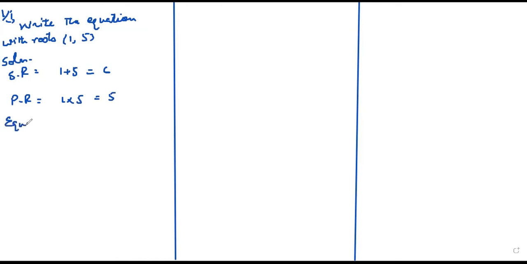Equation will be x square minus sum of the roots x plus product equals to 0. So we have x square minus 6x plus 5 equals to 0, which is our final answer. Right, so now we'll do the next question.